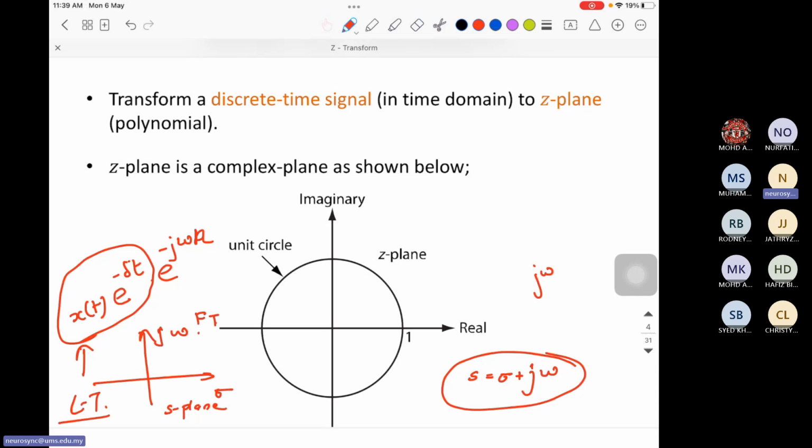Basically we are covering the complete s plane in the Laplace transform.